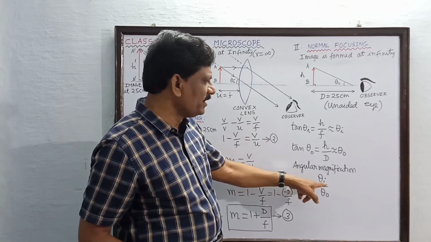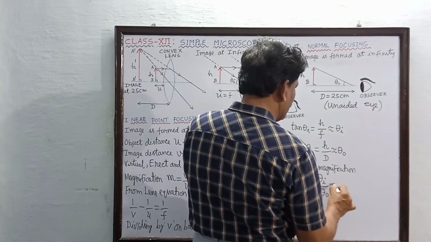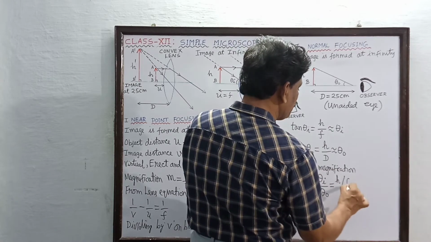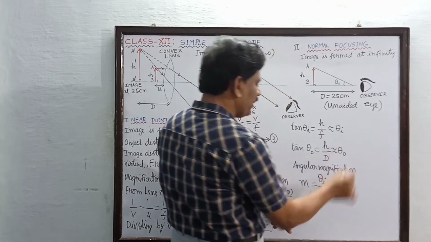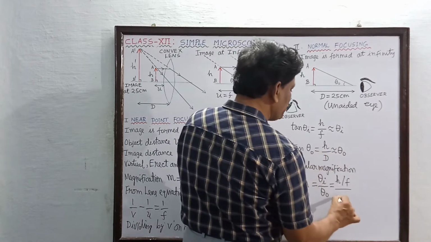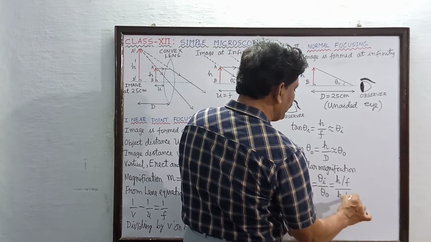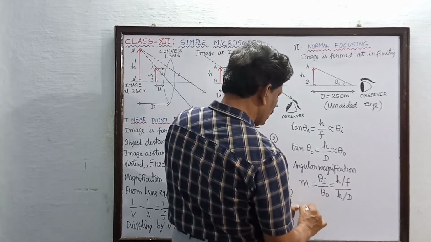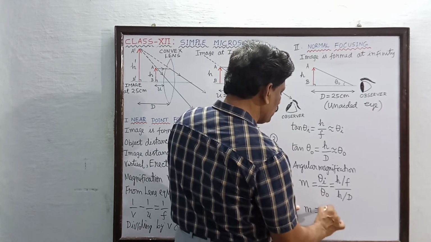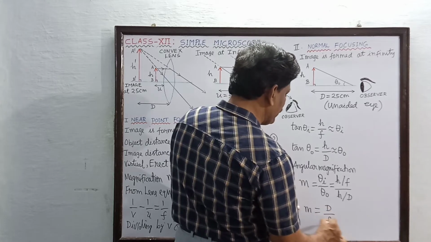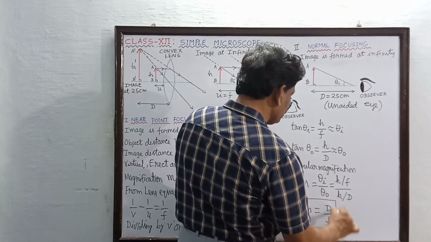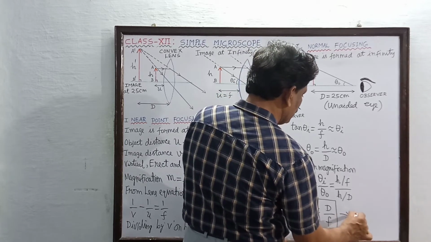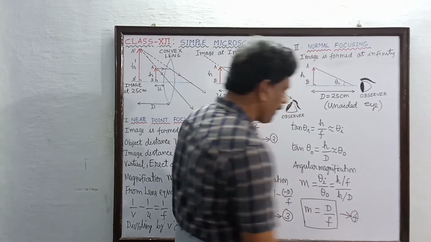So I am going to substitute theta I is equal to h by f, divided by theta O is equal to h by D. So the h and h get cancelled, and m is equal to capital D divided by f. So this is equation 4.